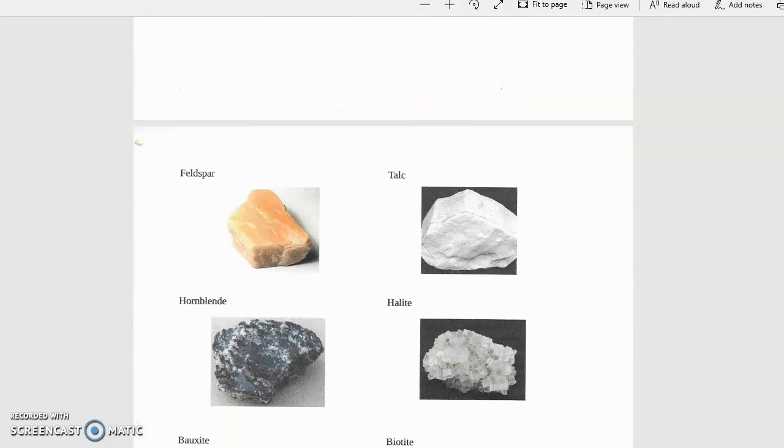And here we have, starting off with feldspar. This is a violet or pink color as well. It's vitreous in terms of its luster. When you grind it down, it turns out to be another white powder. So its streak is white. In terms of hardness, it's up at a 6.